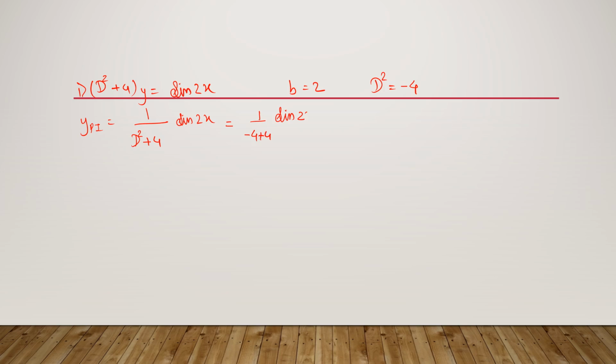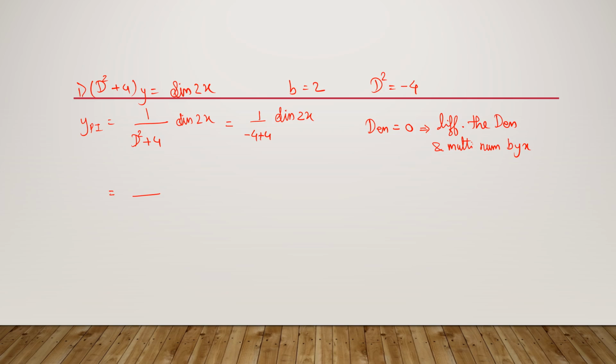So we know if the denominator is equal to 0, then we simply differentiate the denominator and multiply the numerator by x. Now let's do the calculation by differentiating.